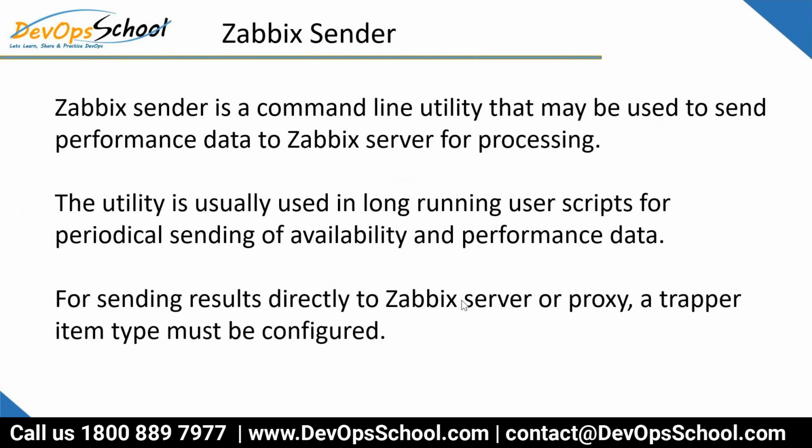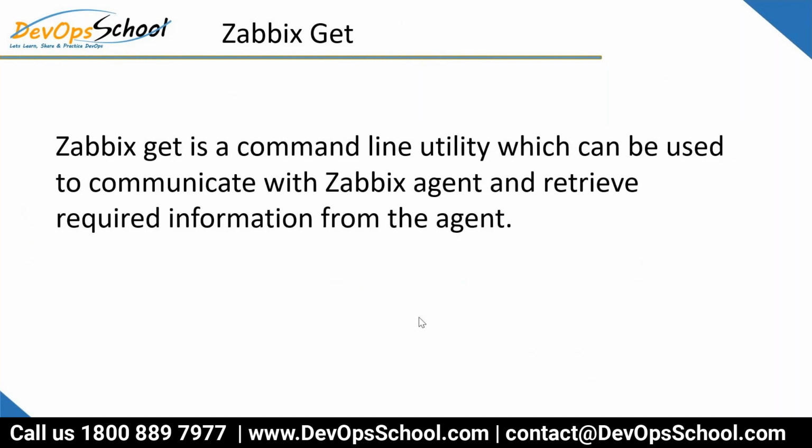There is one more utility which is used for testing Zabbix server data. I mean, Zabbix sender is a command line utility that may be used to send performance data to the Zabbix server for processing. So this is one more utility. Please keep it in mind, we'll discuss it at demo time also.